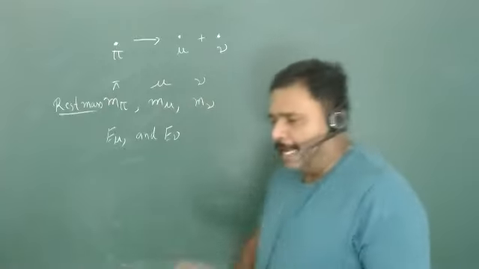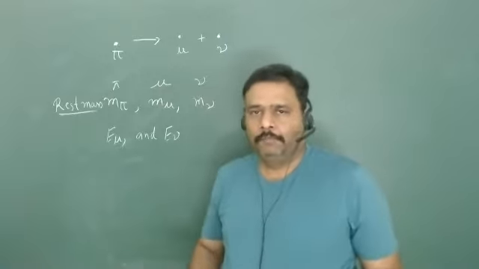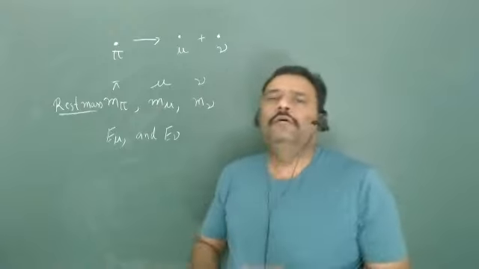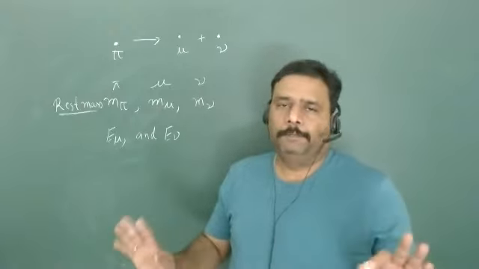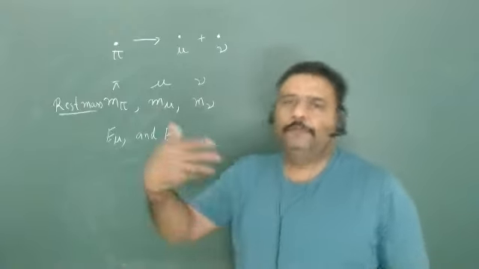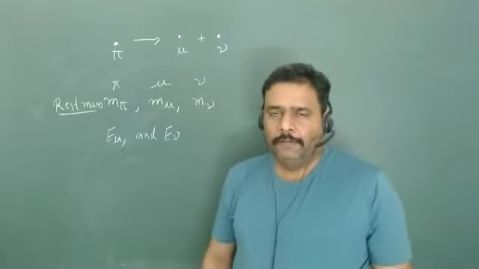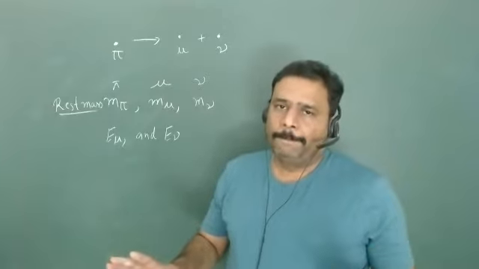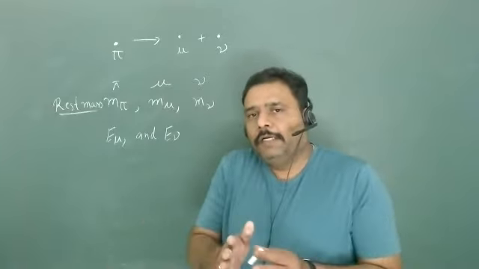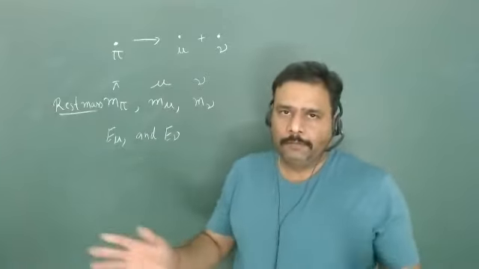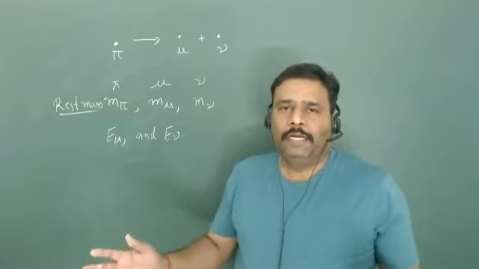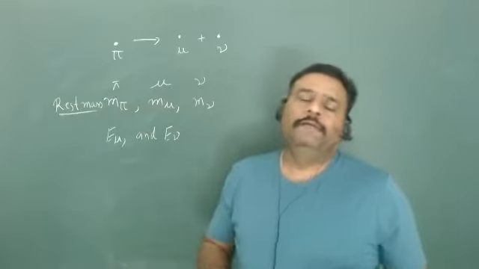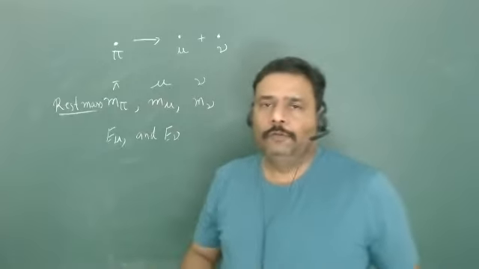Obviously, we have to use conservation of momentum and then conservation of energy. First use conservation of momentum, and then go for conservation of energy, because once you use conservation of momentum, you can reduce some variables, and finally only the useful variables remain.